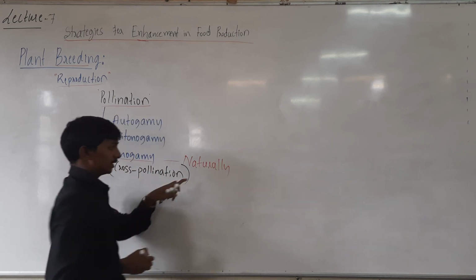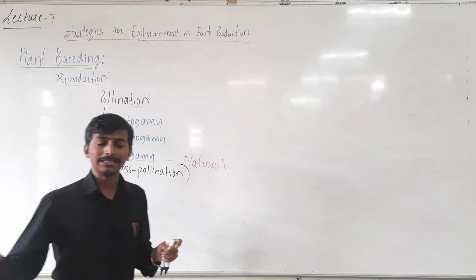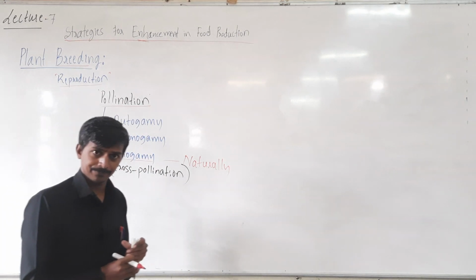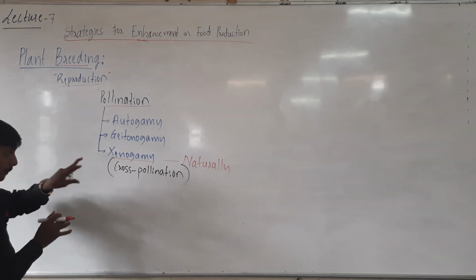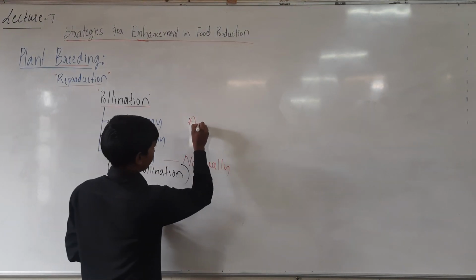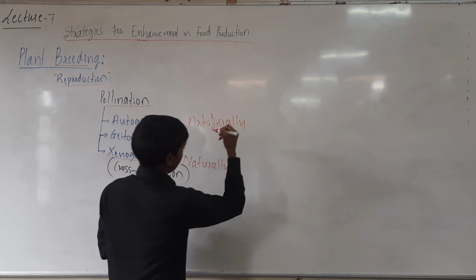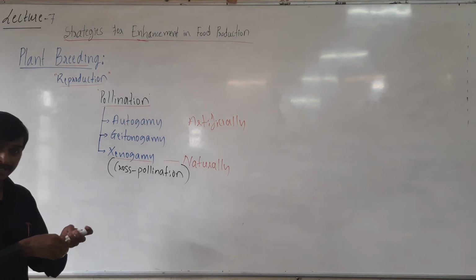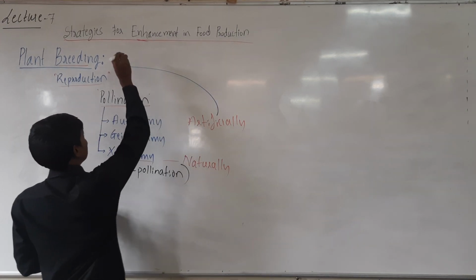In plants, the process occurs naturally, either by wind, by insects, by any other agent, or water, etc. The same process can be done artificially. When the same process, xenogamy, is done artificially, then it is called breeding.